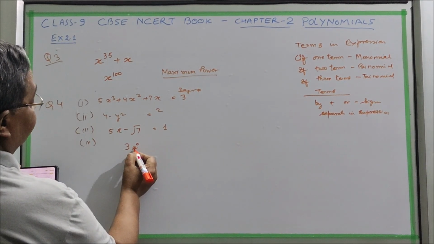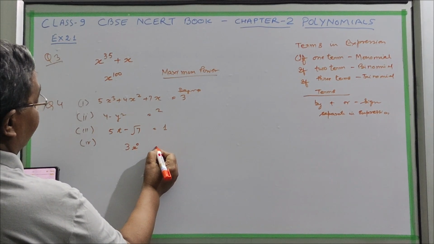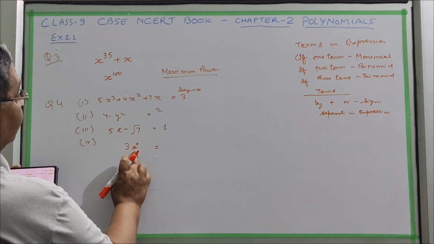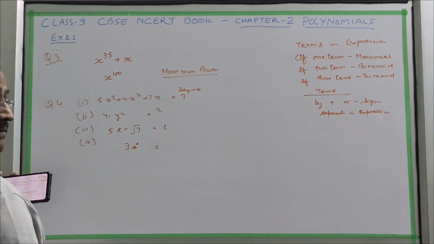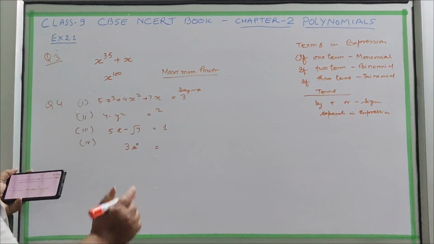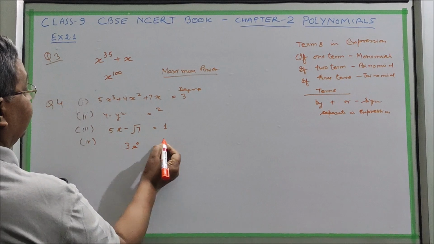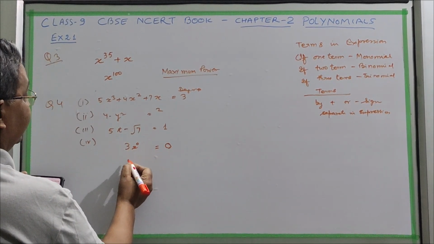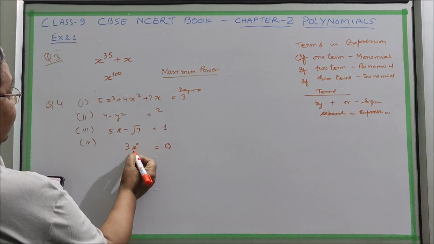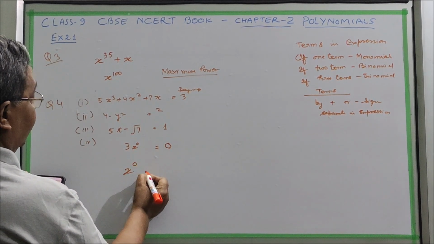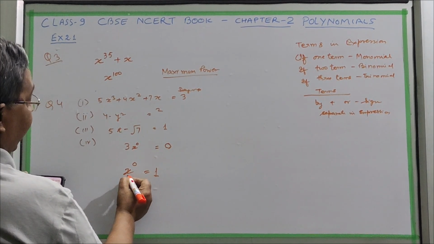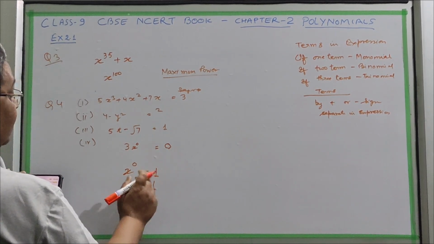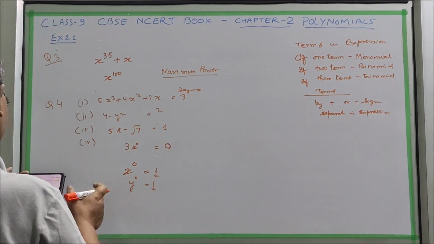So this we will presume as x power 0, so its degree will be 0. Any variable which has a power of 0 equals 1. Any alphabet, y power 0 is equal to 1. So it is always equal to 1. So in this way it goes.